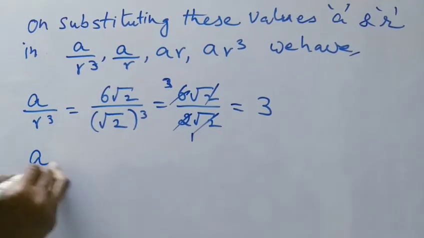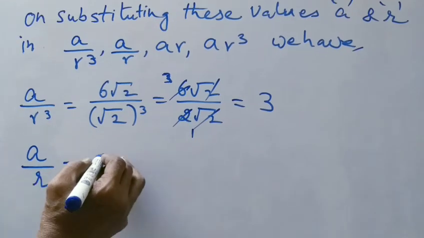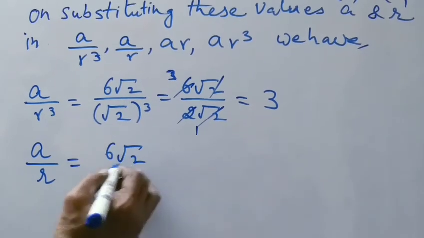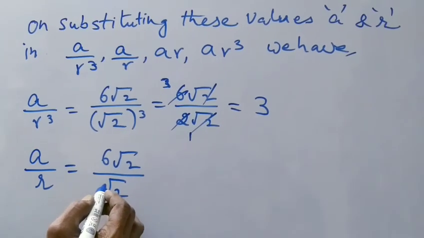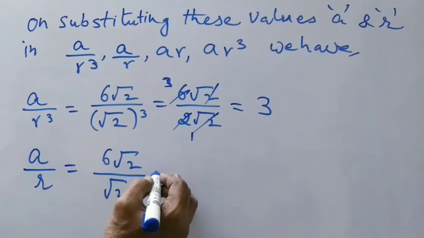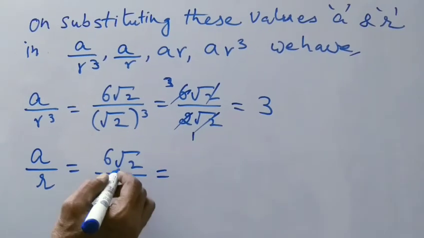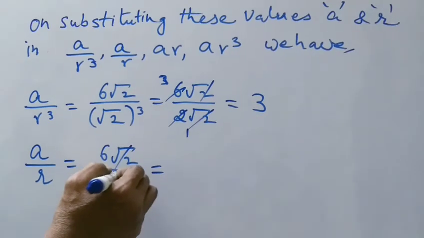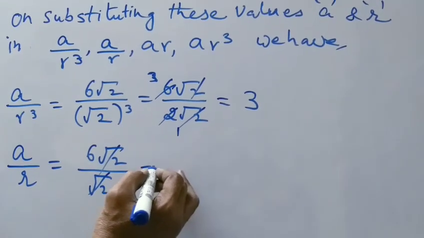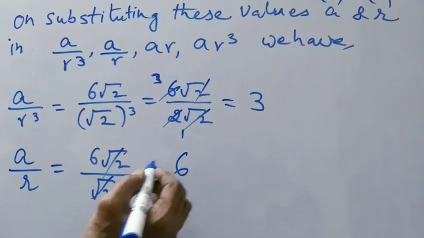And a/r is equal to 6 root 2 by root 2. Here the numerator root 2 and denominator root 2 both are cancelled, so a/r is equal to 6.